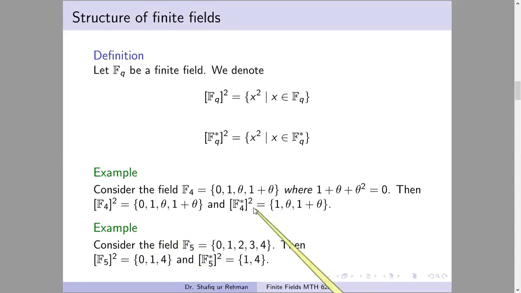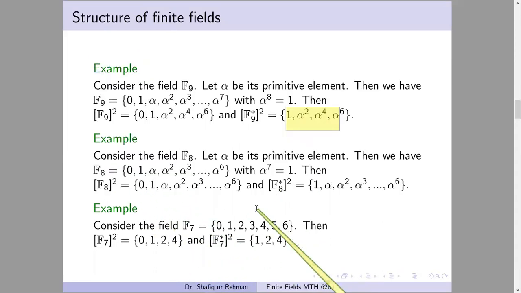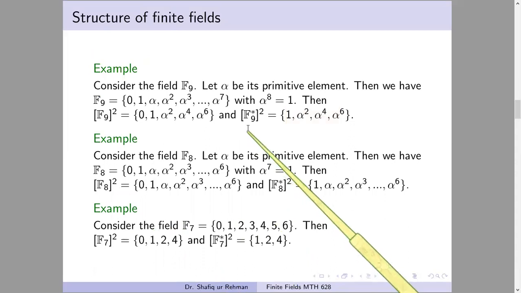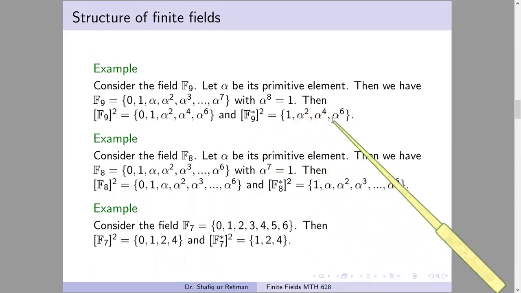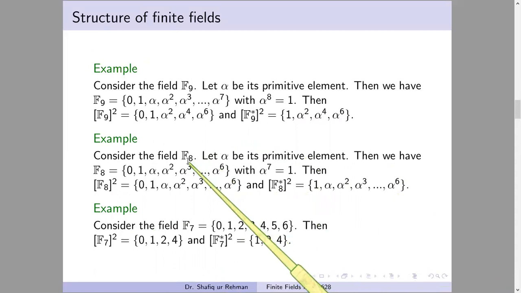All the elements are squared, but in the odd order field, you see half the elements are squared and half are non-squared. For example, if we take F8, then all the elements are squared.